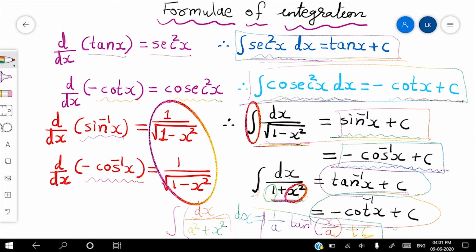If the answer is 1 upon a square plus x square, then you are correct. The last formula is integration of 1 upon a square plus x square dx. Both are perfect square. Each term is positive. Here a is any constant. Therefore in answer 1 upon a tan inverse x by a plus c.